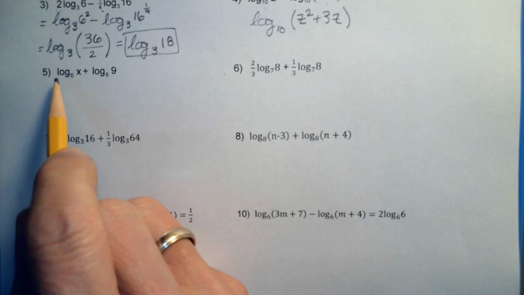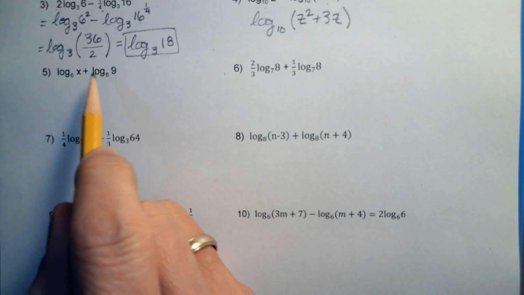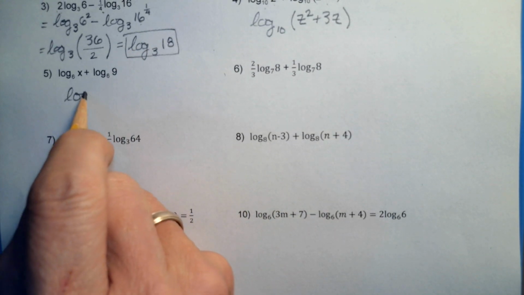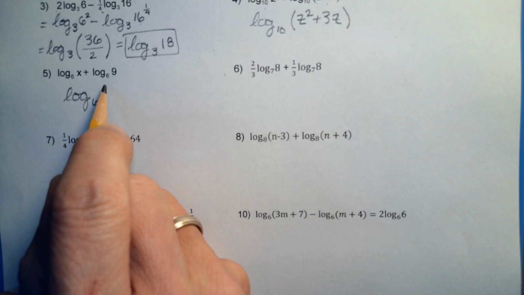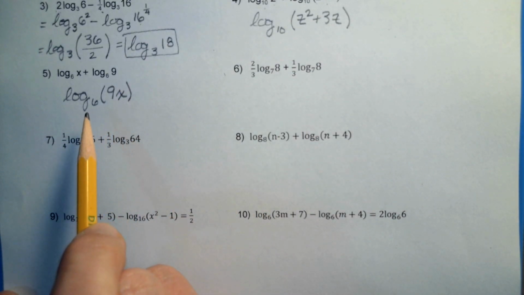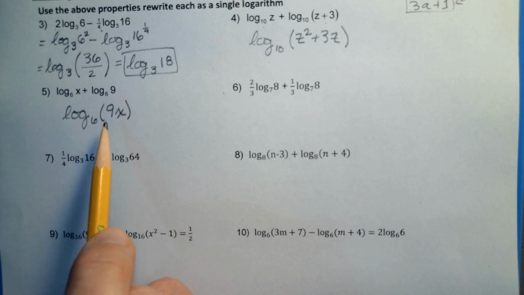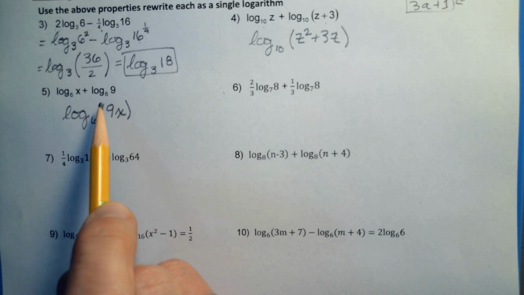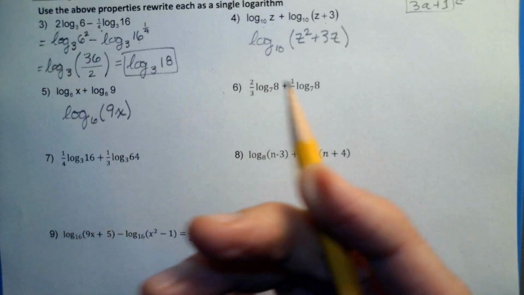Log base 6 of x plus log base 6 of 9. That's going to be log base 6 of 9x. Now sometimes in the book they do this as well. They don't often put the stuff in parentheses. They just leave a gap between, so you know the whole thing is the argument.